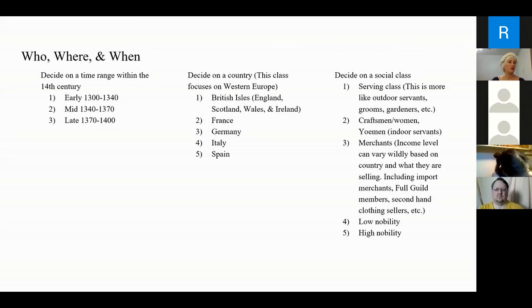So the British Isles kind of have their own little style. France has its own style. Germany shares some style stuff with France. But then Italy and Spain are kind of their own things, especially at the beginning of the century. They're very, very different style-wise. So you want to think about where in Europe your persona is from.